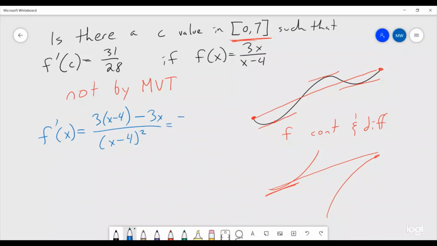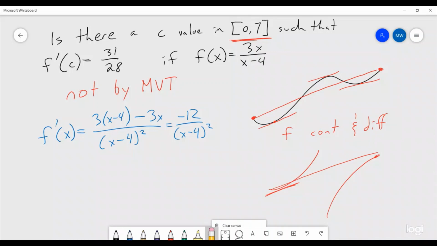So this is negative 12 over x minus 4 squared. So the derivative is always negative. Here we're asking to see if it's somehow positive, and this is the slope we would get connecting the two points at f of 0 and f of 7, but the mean value theorem does not guarantee anything.